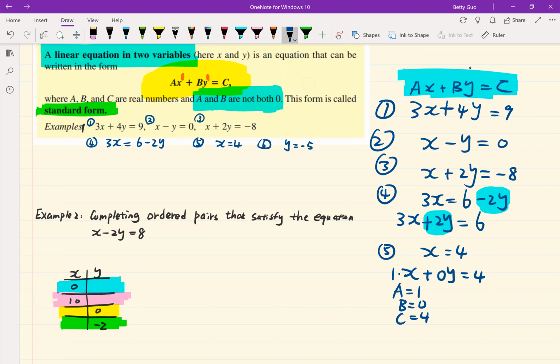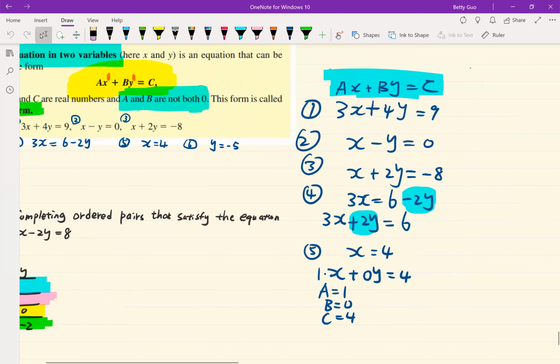You don't see variable y because the coefficient of variable y is 0. The equation is still a linear equation in two variables. I hope you can repeat this part to really understand that. By the definition, the equation could be written in the form ax plus by equals c. So by the definition, x equals 4 is a linear equation in two variables.